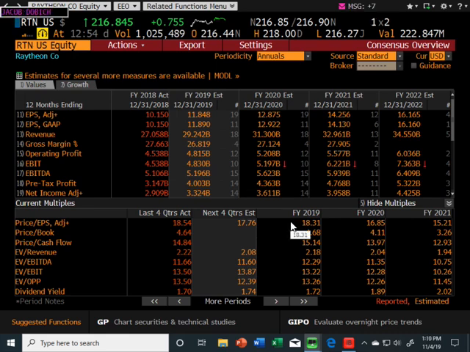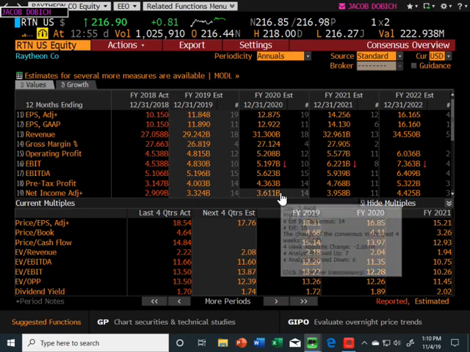What analysts are doing with the adjusted net income is normalizing for one-time items. If a company has one-time items, they can exclude them from adjusted earnings, as opposed to the GAAP net income. This is the one they tend to normalize on because they'll have an adjusted PE. So back to this: right now, 3611.